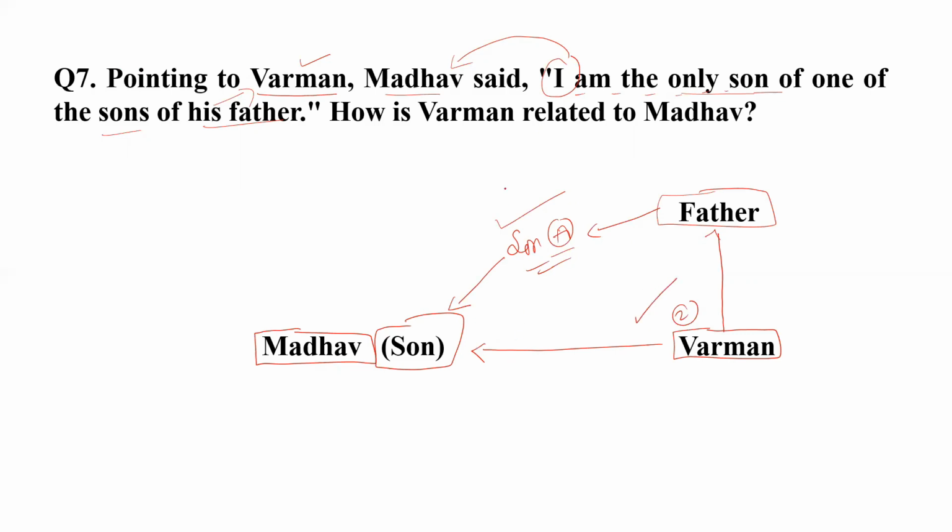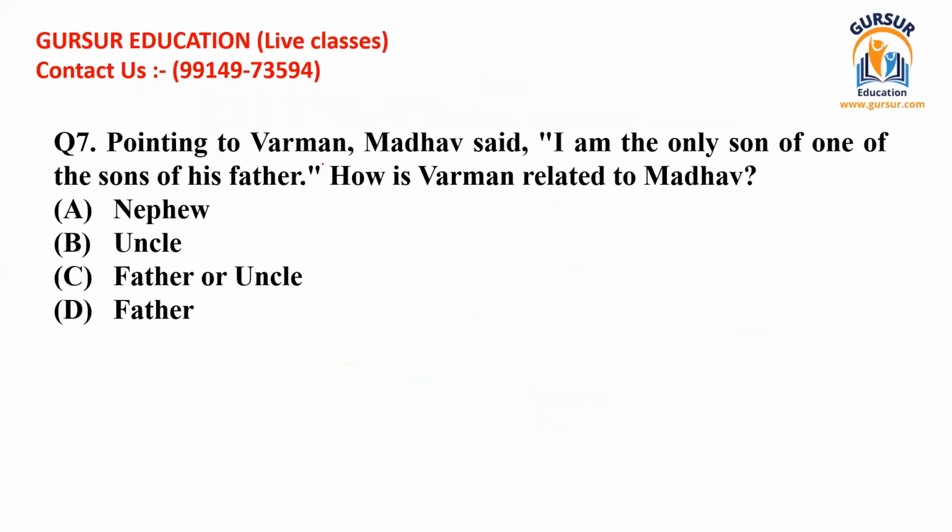So that means Varman can be the father or he can be the uncle of Madhav. This is how the relationship map of this particular question can be built. Father or uncle has been given in option C, so this is why we shall select it as our possible answer.